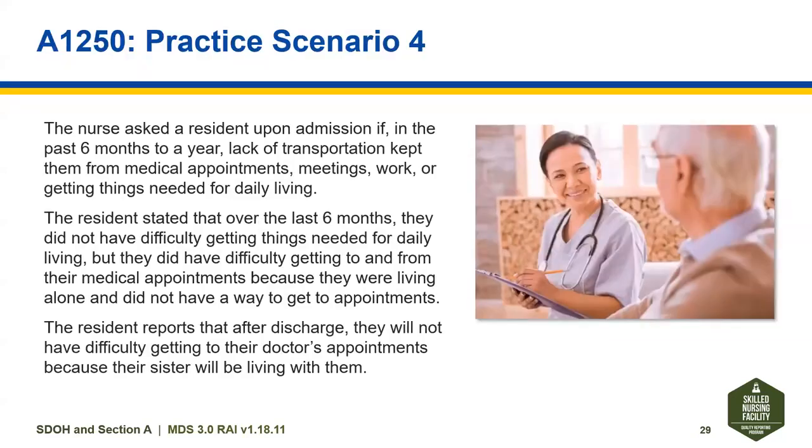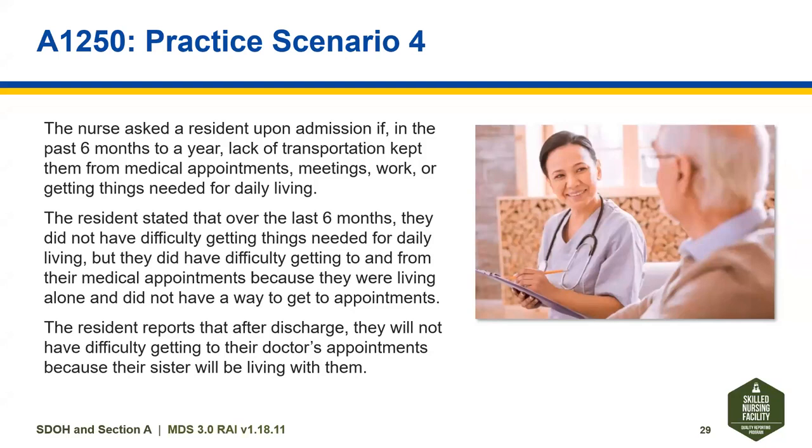So now that we've been refreshed on the coding instructions for transportation, let's take a look at this practice scenario. The nurse asked a resident upon admission if in the past 6 months to a year, lack of transportation kept them from medical appointments, meetings, work, or getting things needed for daily living.